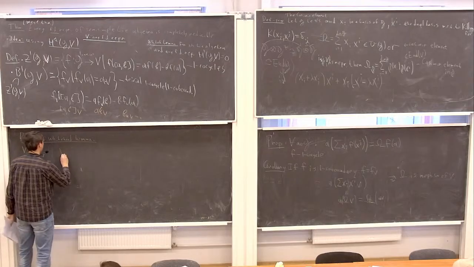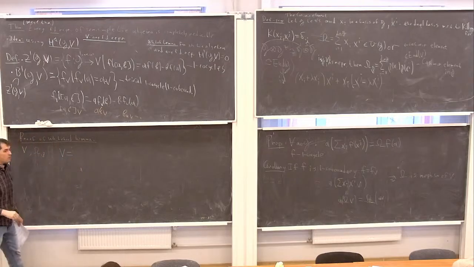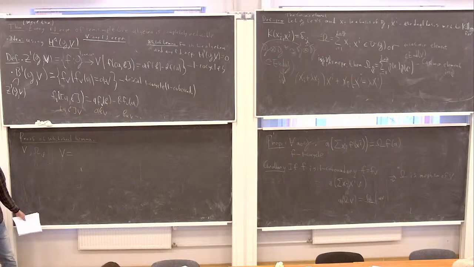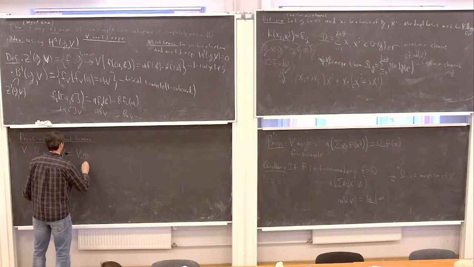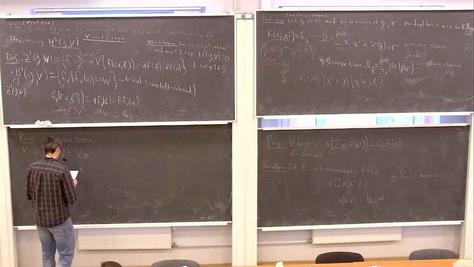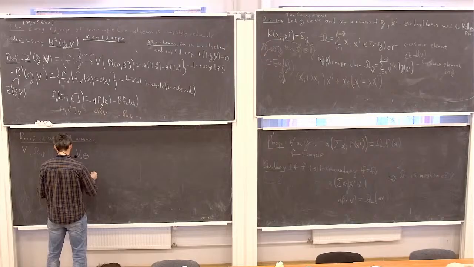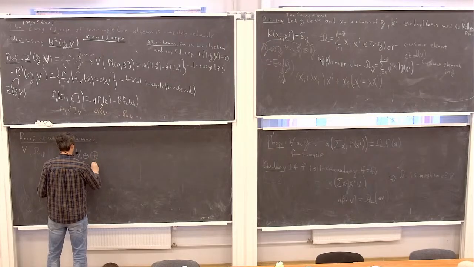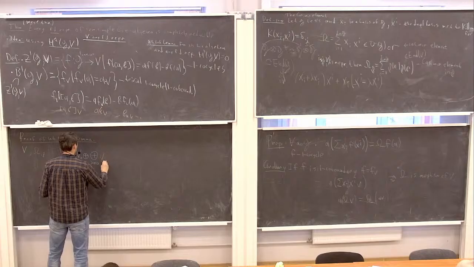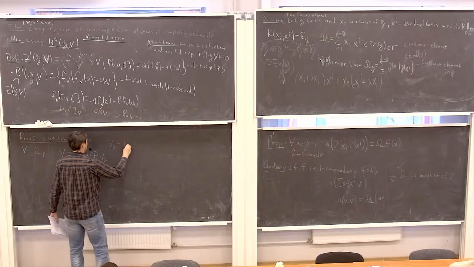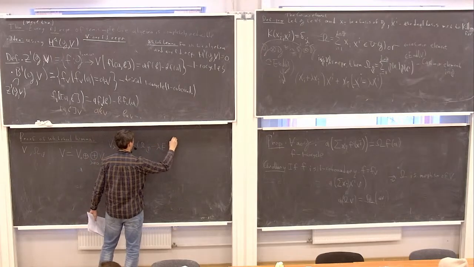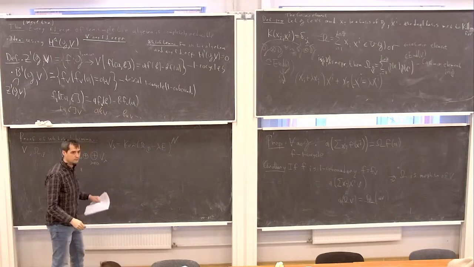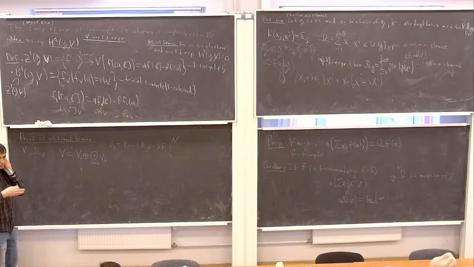You could consider the decomposition of v into its generalized eigenspaces, like v0 plus, for lambda not equal to 0, v lambda. So v lambda is just the kernel of omega rho minus lambda e to some power. So it's a generalized eigenspace decomposition.